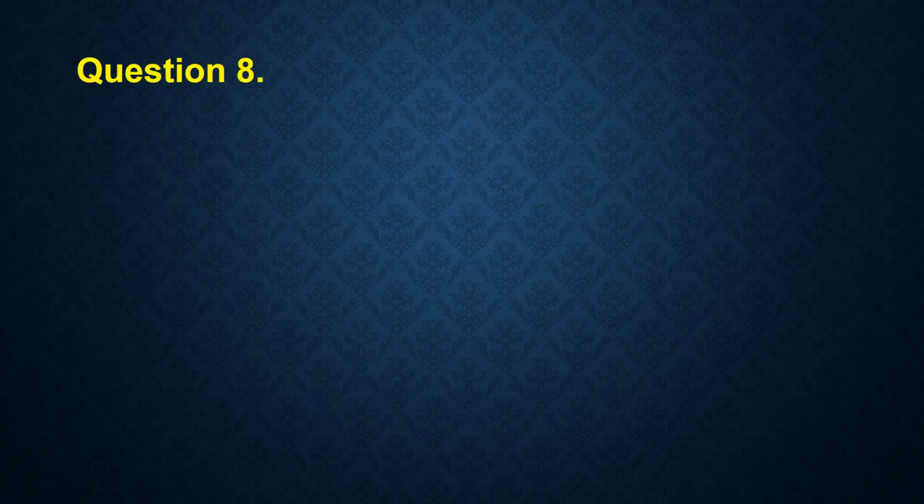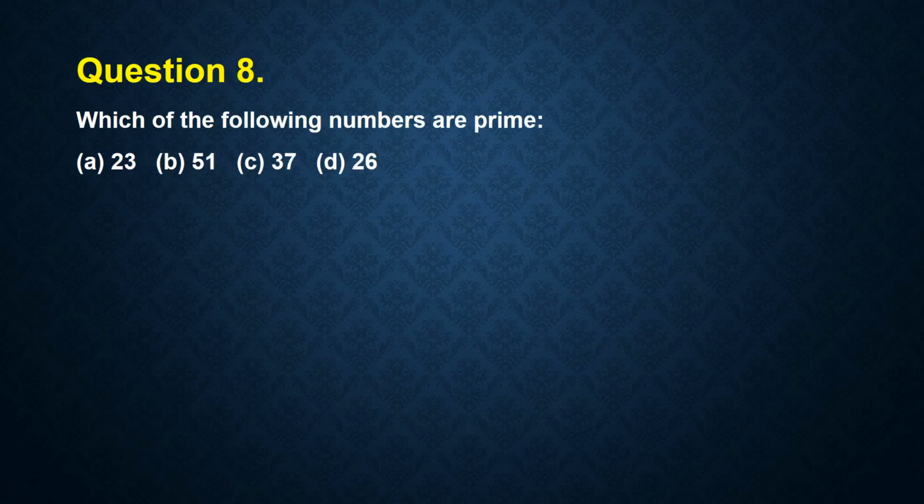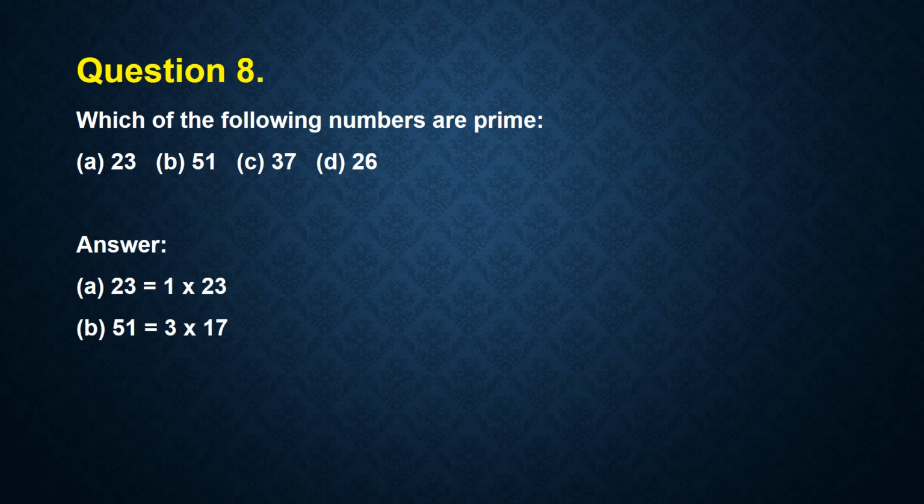Question number 8. Which of the following numbers are prime? First part is 23. 23 can be written as 1 into 23, which means 23 has only two factors, 1 and the number itself. So 23 is a prime number. Next part is 51. 51 can be written as 3 into 17. So 51 has more than two factors, which means that 51 is a composite number. 37. 37 is equal to 1 into 37.